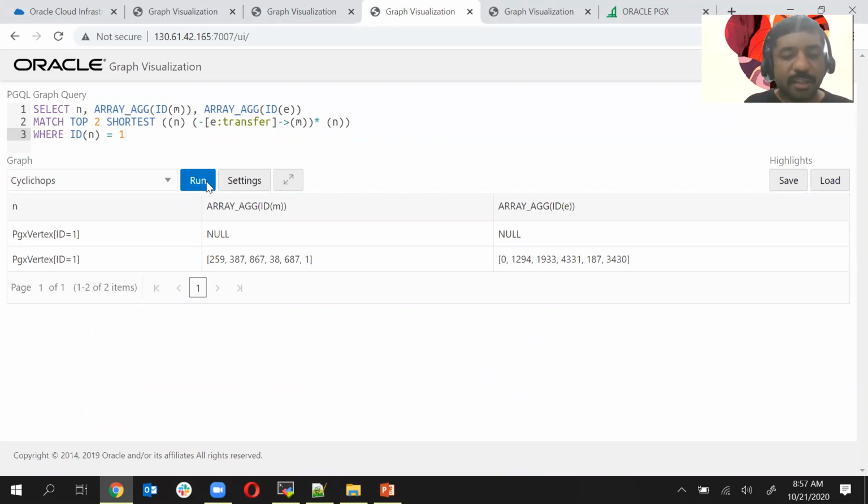We can see that the system has given back the result of one of the cycles that originates from ID 1, ends at 259, and then gets transferred back to that particular node ID 1. So the PGQL query took the result of the shortest path that originates from ID 1. There are two of those shortest paths wherein the transfer is involved.